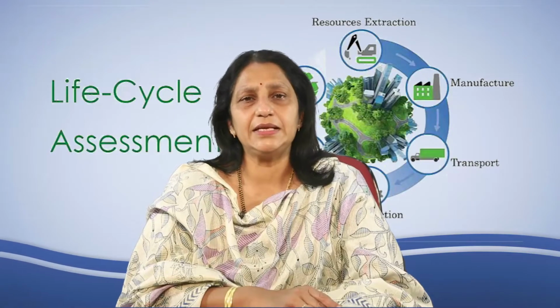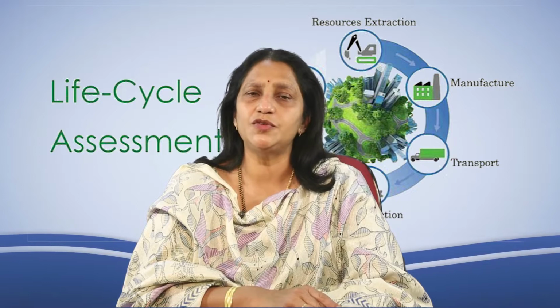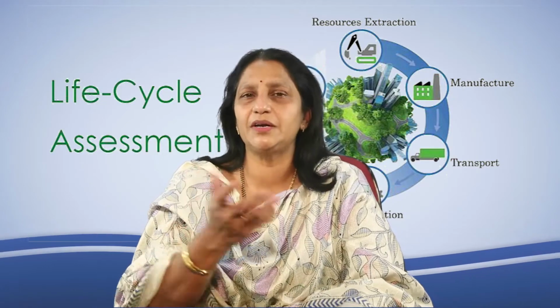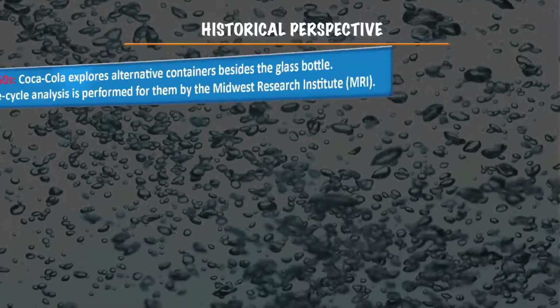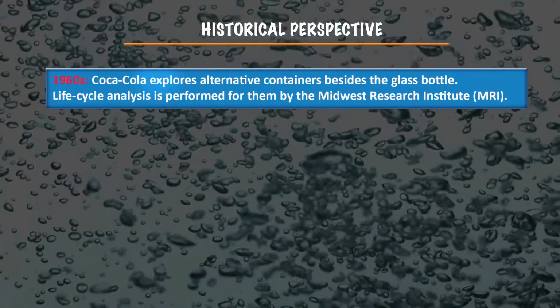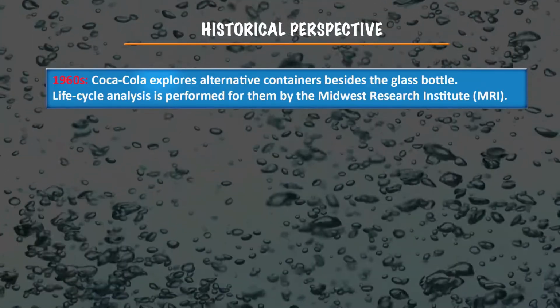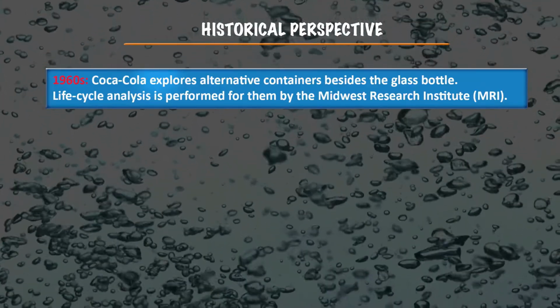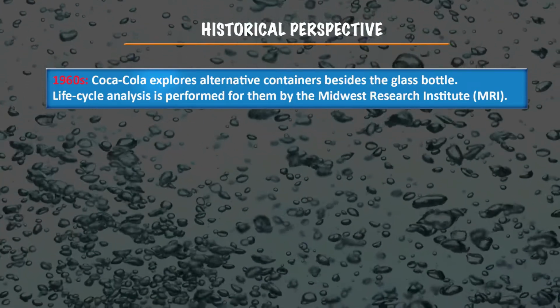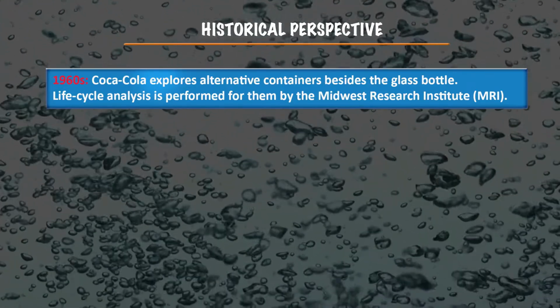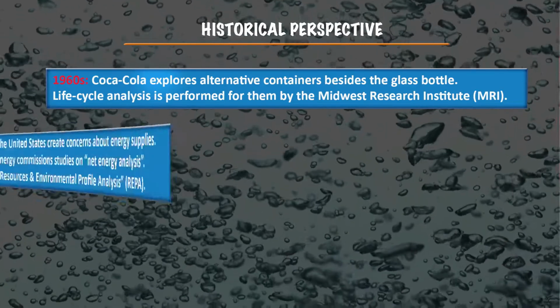Now we will see whether it is a new phenomenon or already existing, so first the historical perspective of life cycle assessment. It is not a new phenomenon. In the 1960s, the Coca-Cola company explored alternative containers besides the glass bottle, and a life cycle analysis was performed for them by the Midwest Research Institute.